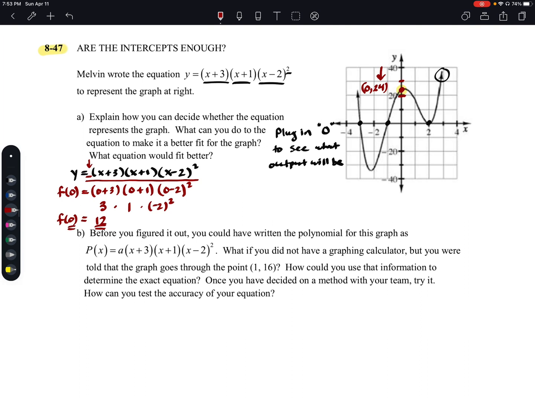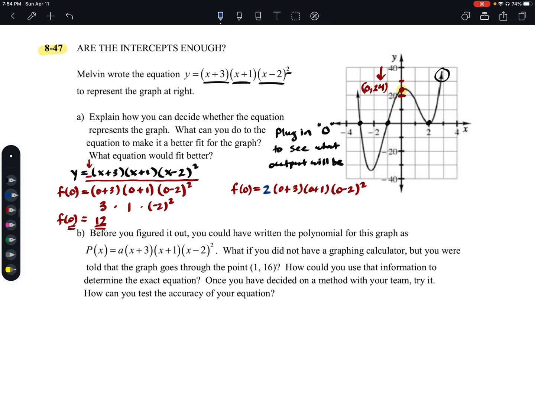So what if we put a stretch factor of 2 in? Would that work? Let's say we did f of 0 equals, and we put this 2 in first, and then did our 0 plus 3 times our 0 plus 1 times our 0 minus 2 squared.